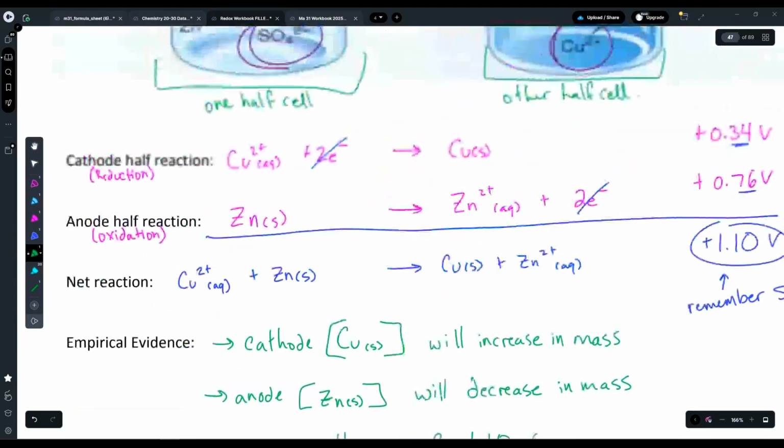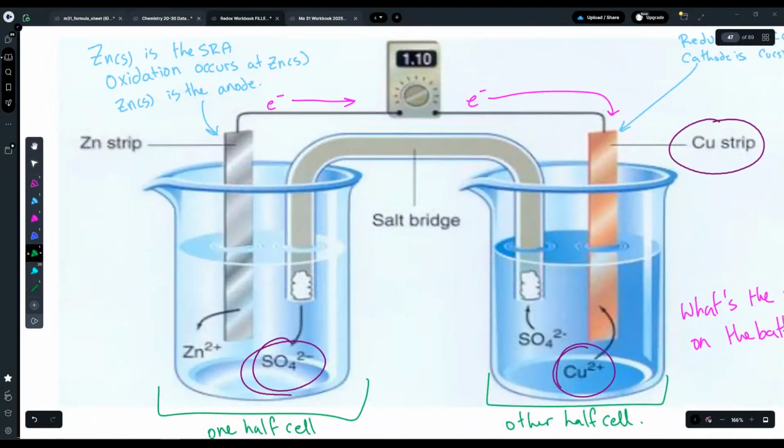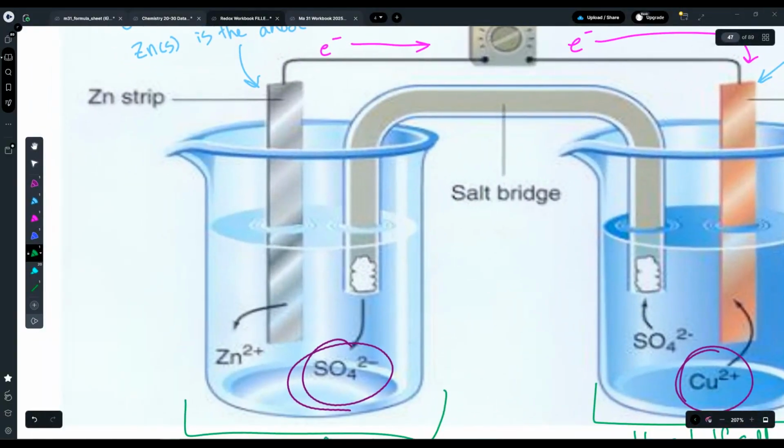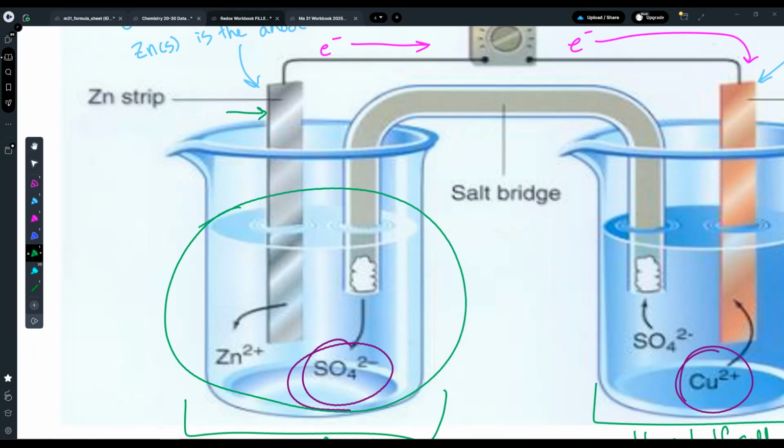If I go back to this drawing here, and let's say the electrode we're talking about is the zinc strip, this would be our electrode, and notice how it's sitting in this solution. That solution is called the electrolyte.